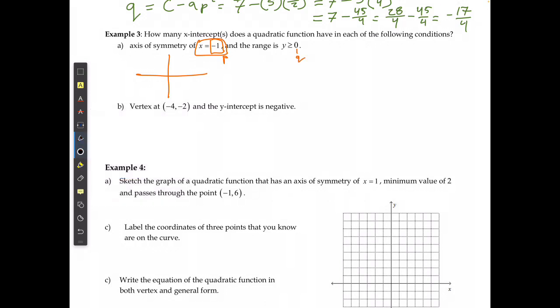And when I actually draw this, I'm starting at the point of -1 and 0, and because it says greater than, it's going to open up. Any time that my minimum or maximum is at 0, then I'm only going to have one x-intercept.